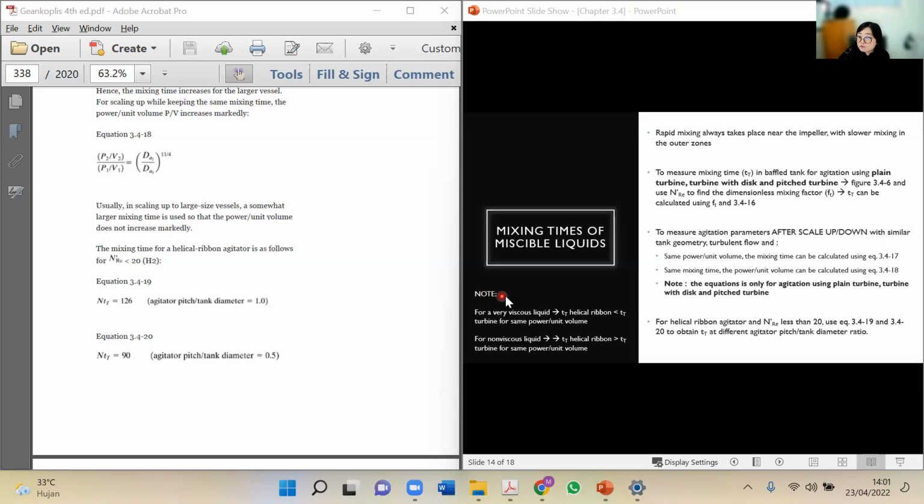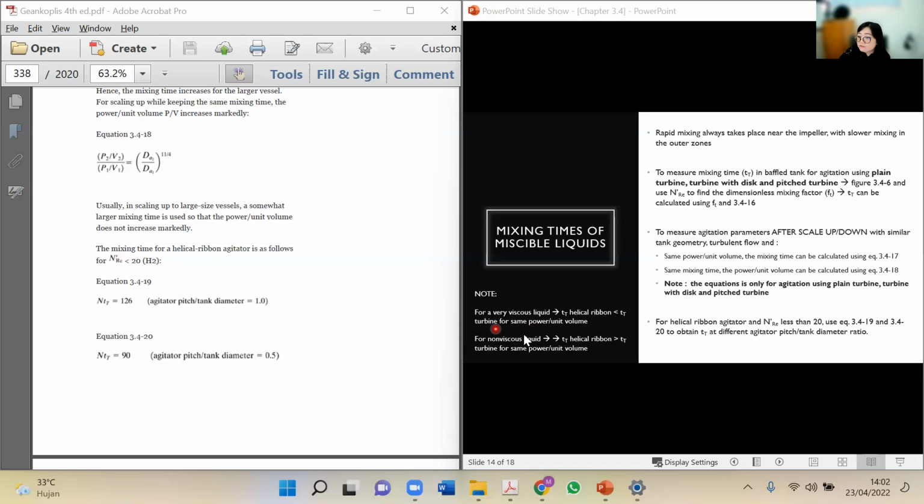Now, there are two notes here. For a very viscous liquid, the mixing time Tp for the helical ribbon would be lower, or shorter, than the mixing time for the turbine type of agitator, at the same power per unit volume.